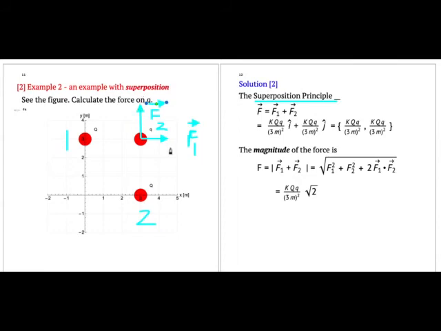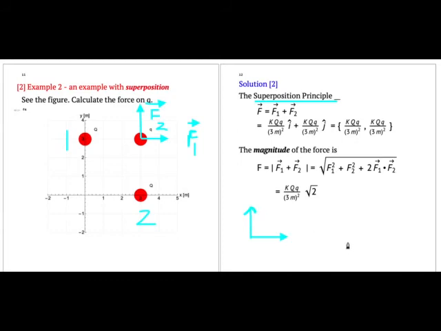Now we have to add these two vectors. So we have this vector F1, and we have this vector F2, and we have to add those two vectors. How do you add vectors?